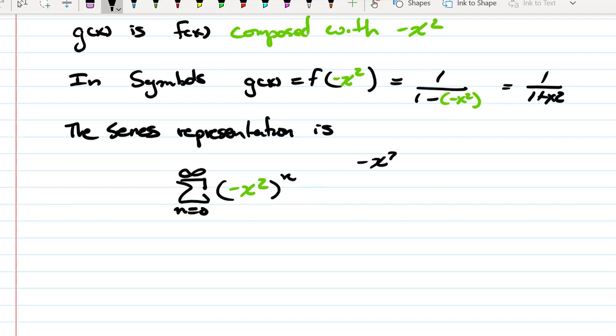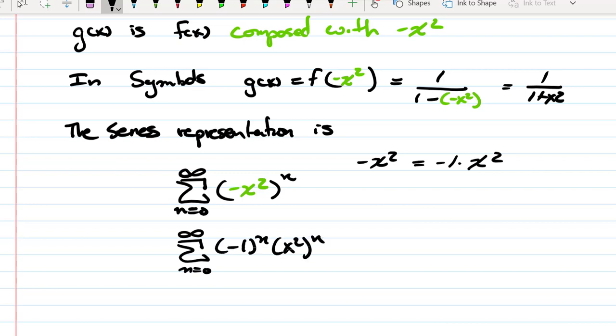And negative x squared is the same as negative 1 times x squared. So we could then rewrite this as negative 1 to the n times x squared to the n, which would finally yield negative 1 to the n x to the 2n. So that would be our series that represents that function.